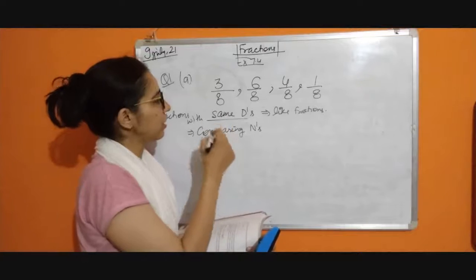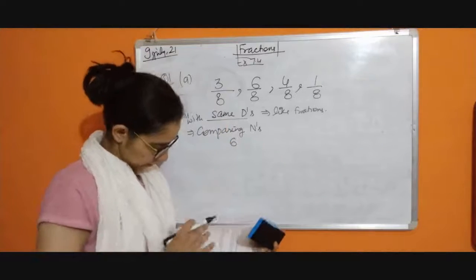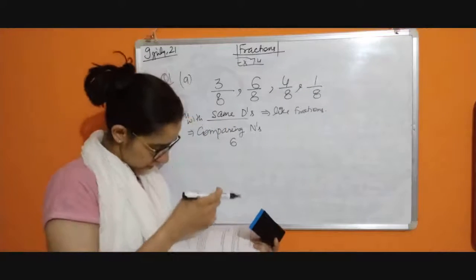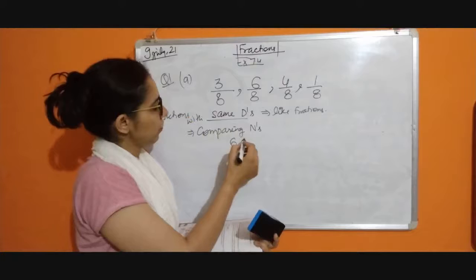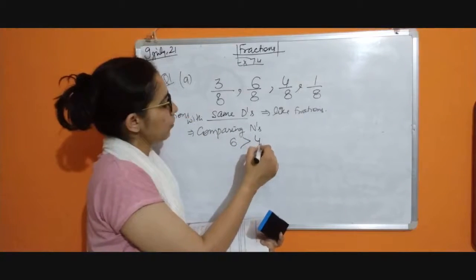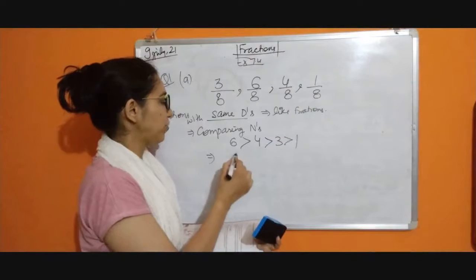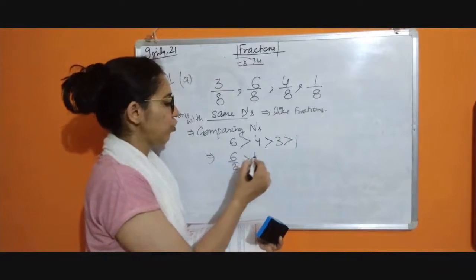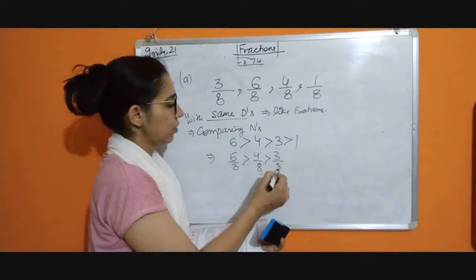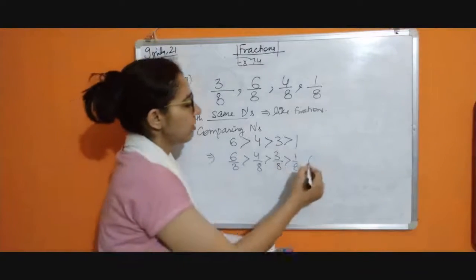So comparing numerators, which one is biggest? 6 is. We have to write them in descending and ascending order both. So we will first start with descending. 6 is greater than 4, is greater than 3, is greater than 1. So the corresponding fraction 6 by 8 is greater than 4 by 8, is greater than 3 by 8, is greater than 1 by 8. This is your descending order.